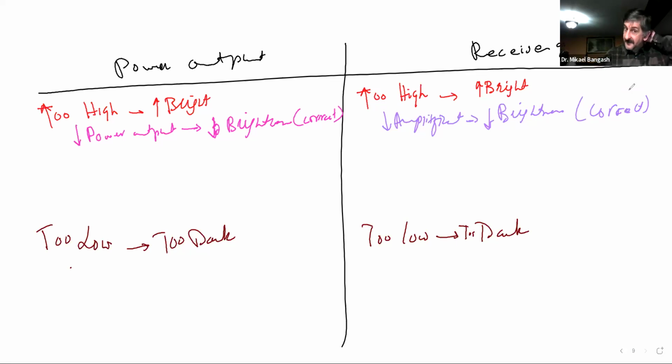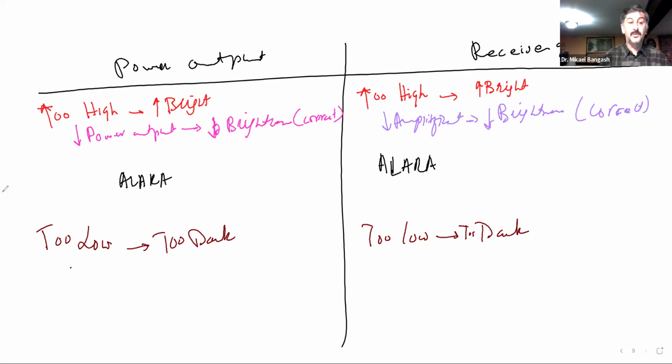Okay. Now, since both of these can reduce your brightness to the correct brightness, the question is, in terms of the ALARA principle, we want to get the correct brightness, but on the other hand also want to minimize the patient's exposure.